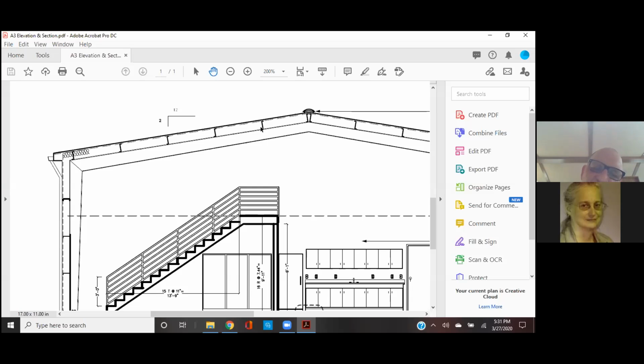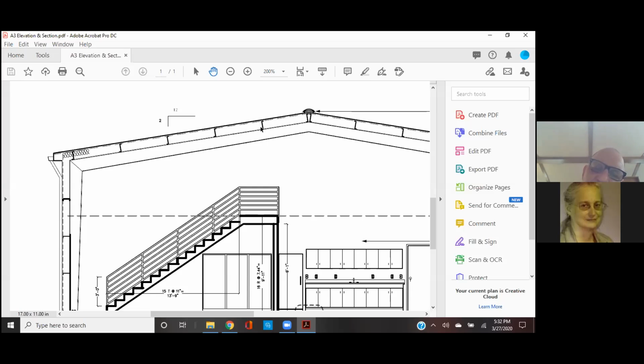I got about 3/4 of an inch, another 3/4 of an inch. So that's 6 feet to the underside of that structure.